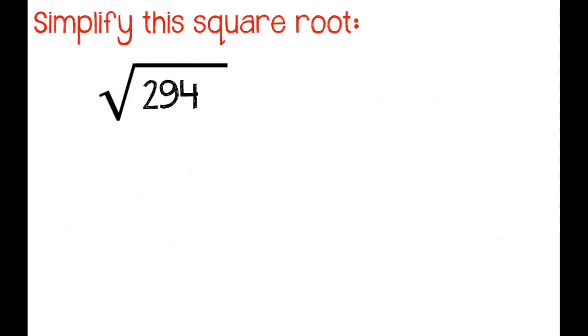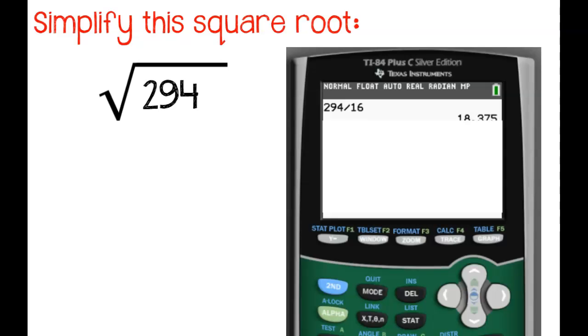Now, sometimes you get a really big number and you start to get stuck. Get your calculator out and start with a perfect square factor in any order, but you might as well start with the larger ones. But let's just say you're not really thinking and just pick a random perfect square, like 16.